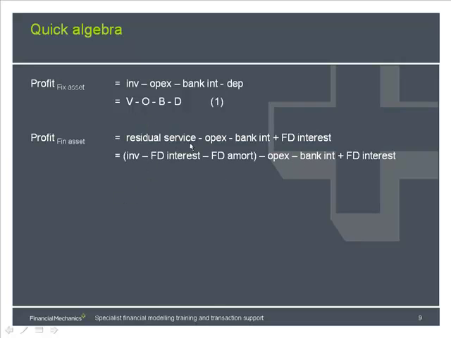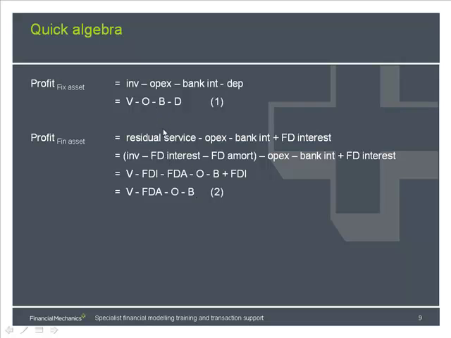That residual service invoice, in turn, can be reflected as you remember from that chart where we looked at those three components, subtracting from the invoice the interest and amortization of the finance debtor. So there's that debt service. That's how we calculated it, as you'll remember from the financial model walkthrough. The finance debtor interest is sitting in two places, such that the expression simplifies down to the invoice minus finance debtor amortization minus O minus B.